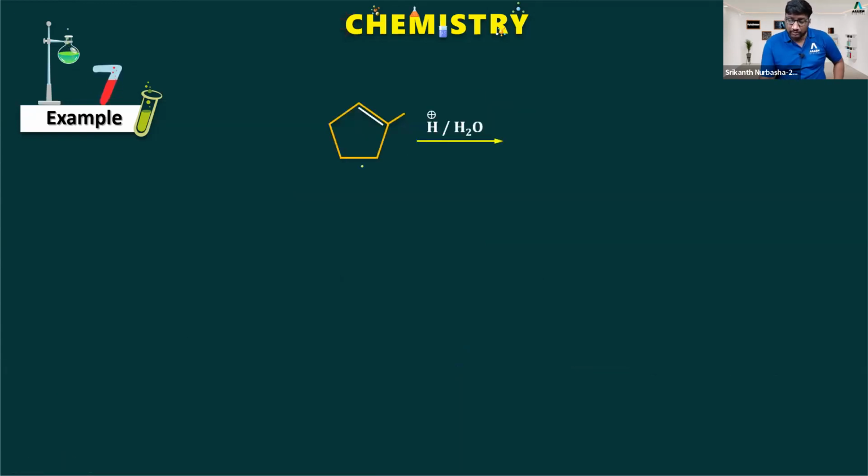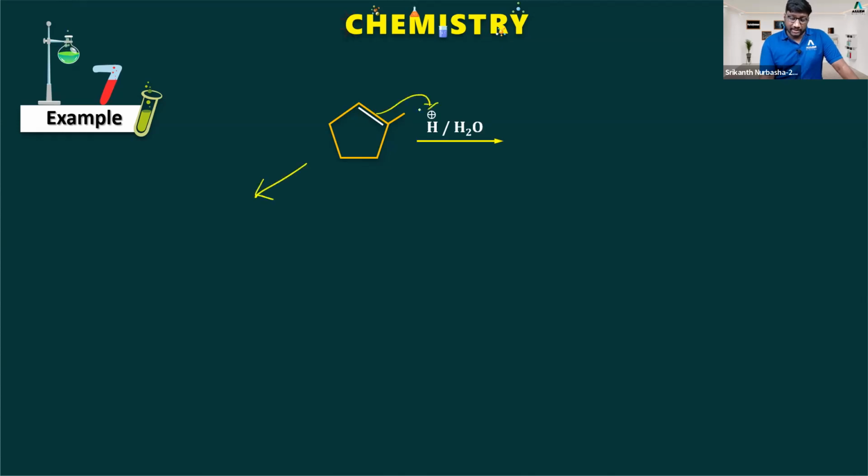What happens here? What's the IUPAC name? Can I say 1-methyl cyclohexanol? Is that true or wrong? Cyclopentanol, yes, because you should not think of ring expansion, because the positive charge is present in the ring.